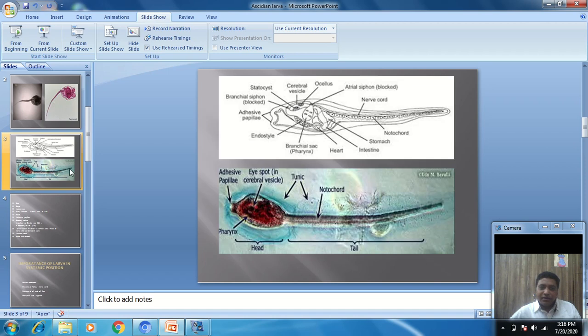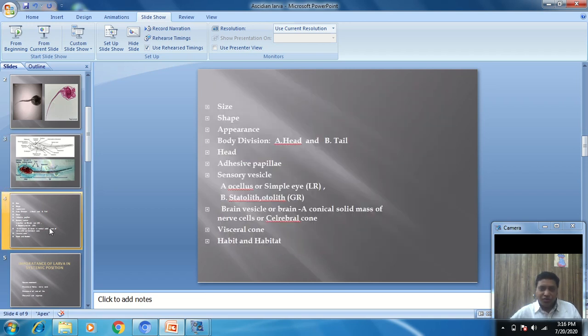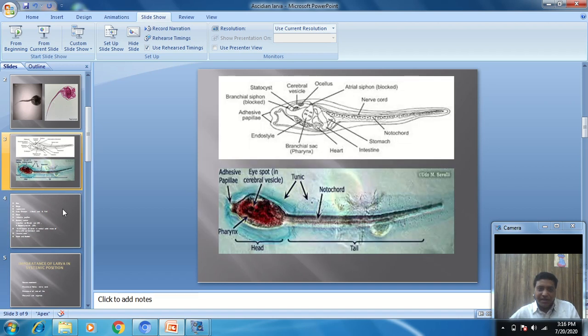Next to that, this part is called the visceral cone, which extends from this part up to this part. Here the nerves are extended, so it is called the visceral cone. So the sensory or cerebral vesicle and the visceral cone are the two structures seen in the tadpole.